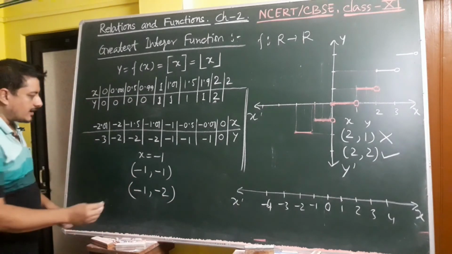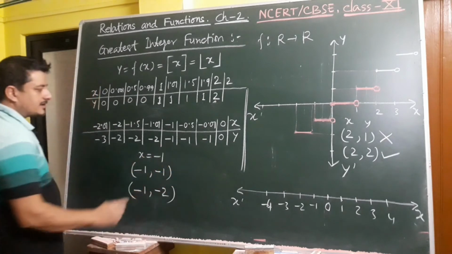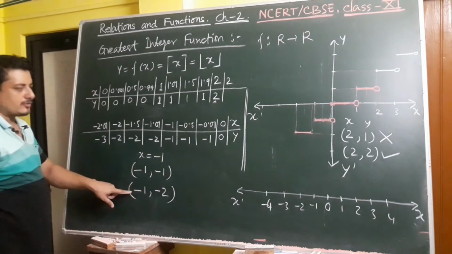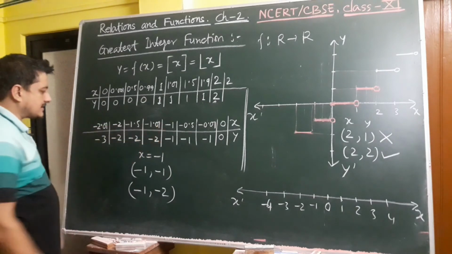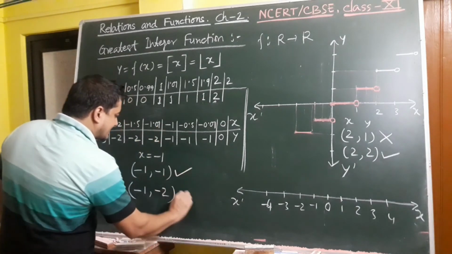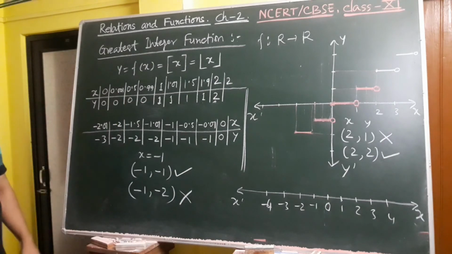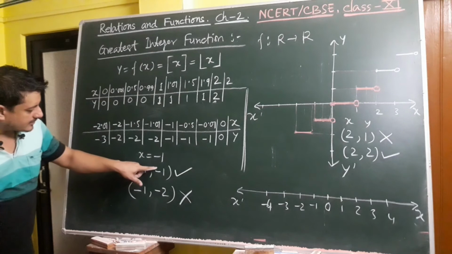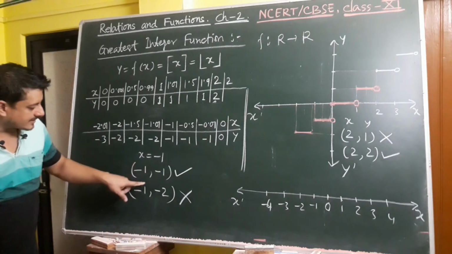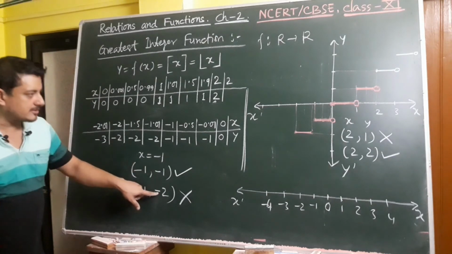So only one point, either this one or this one, will be part of our graph. From this you can see minus 1, minus 1 is part of our graph, whereas minus 1, minus 2 cannot be part of the graph, because x equals minus 1 can be mapped to only one point, so it will not be mapped to minus 2.